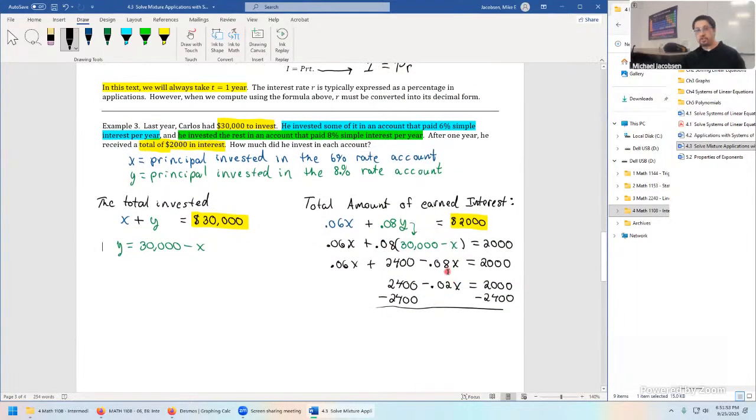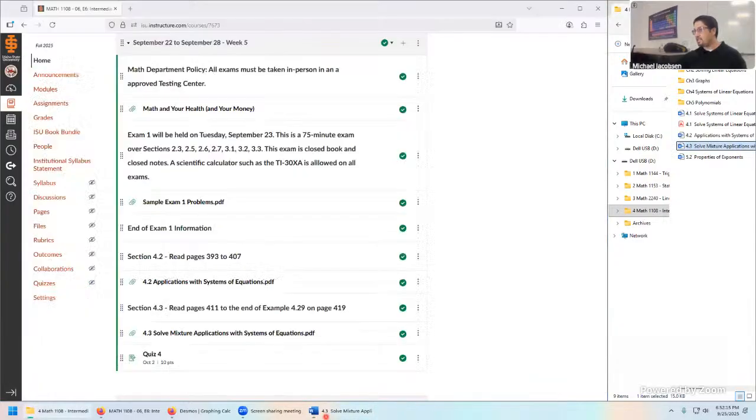It gives us a cancellation on the left, so just a negative 0.02x equals 2,000 minus 2,400, which gives us negative 400. Those negative signs are lining up just right. When we divide by the negative 0.02, we'll get a positive on the right-hand side. So negative divided by negative gives us that positive.